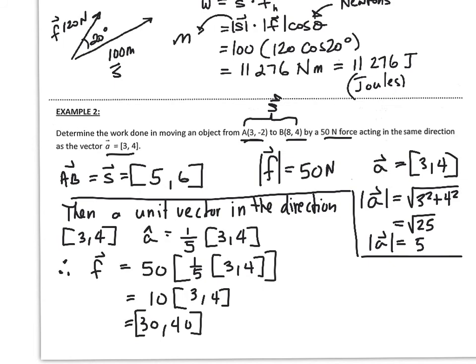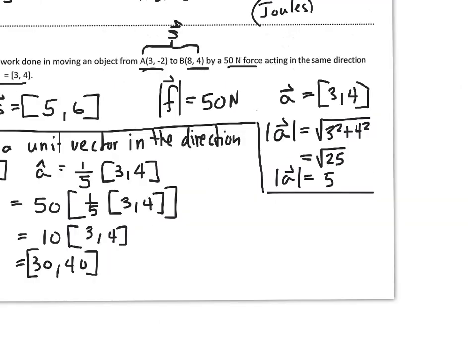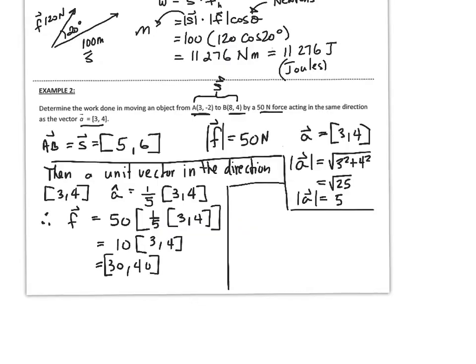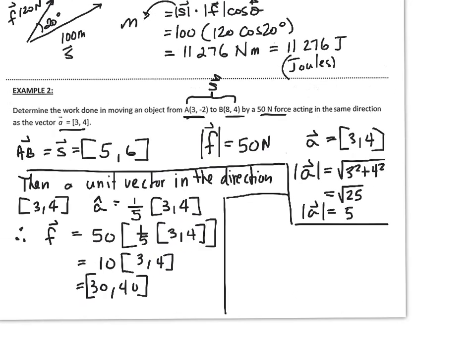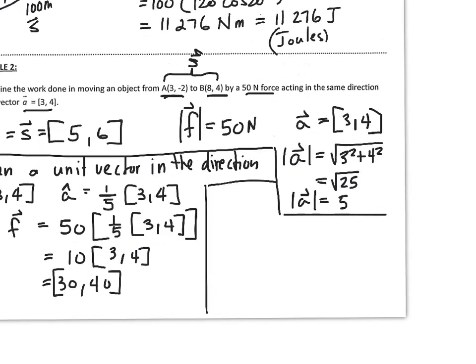Okay, so I just moved over the page a bit, just to give myself a little bit more room here, like this. Okay, so since we have the two vectors, we have both F and S, we can just do the dot product in the algebraic way that we've done it before.